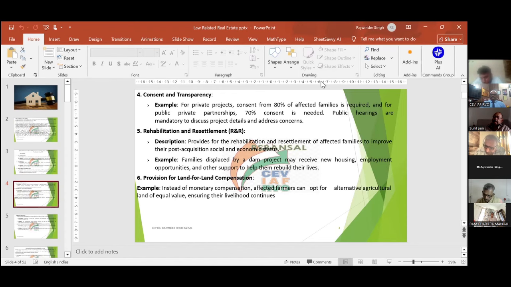For example, families displaced by a dam project may receive new housing, employment opportunities, and other support to help them rebuild their lives.